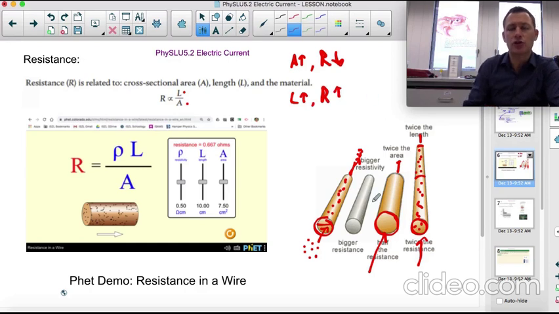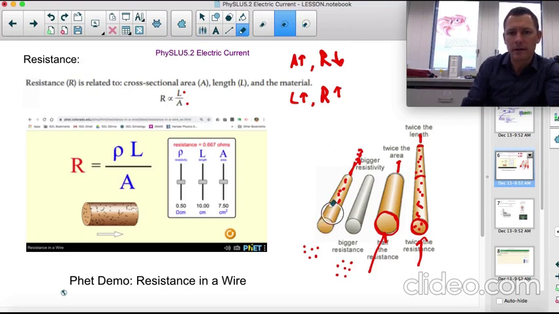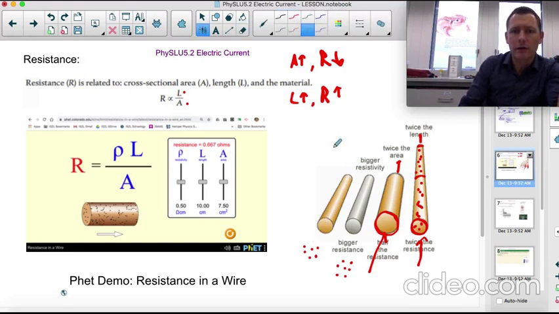The other thing that changes is the resistivity, which is like how dense maybe the material is. You could think about it that way. How often these molecules are going to run into things. So if this has, I don't know, just a couple of particles to bump into, these won't hit them as many times as this, which might be a lot denser and has a lot more particles to run into.